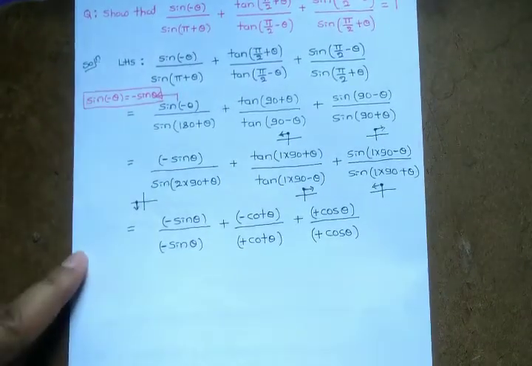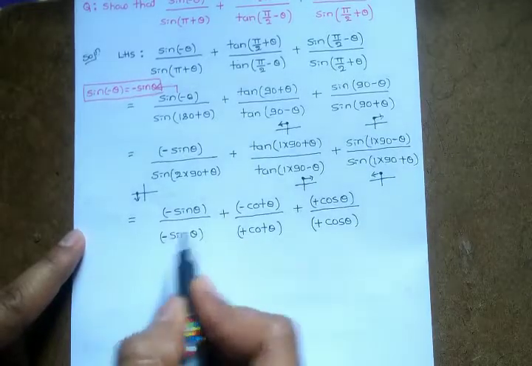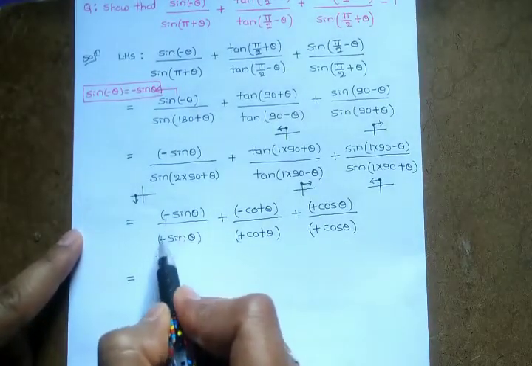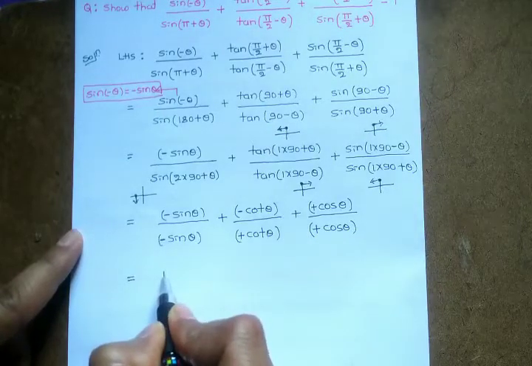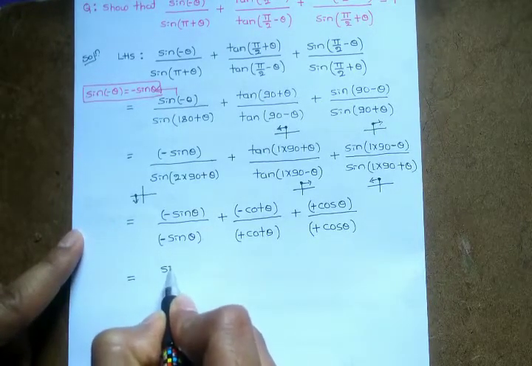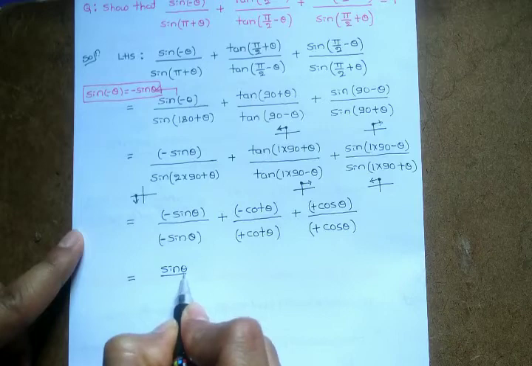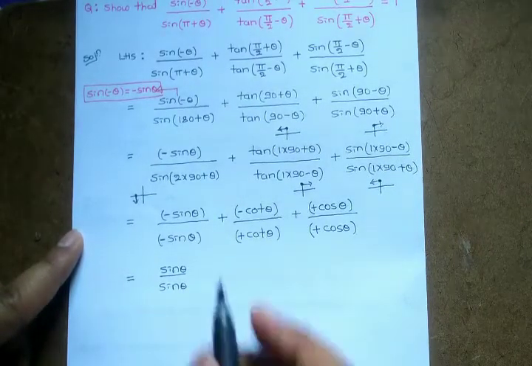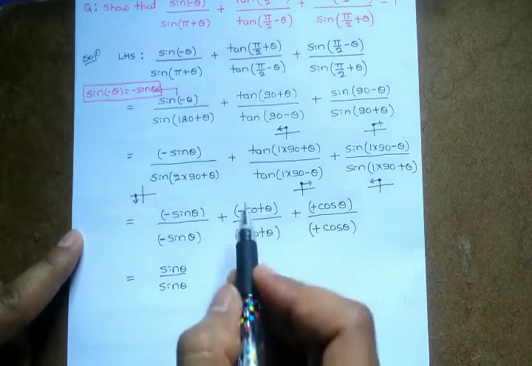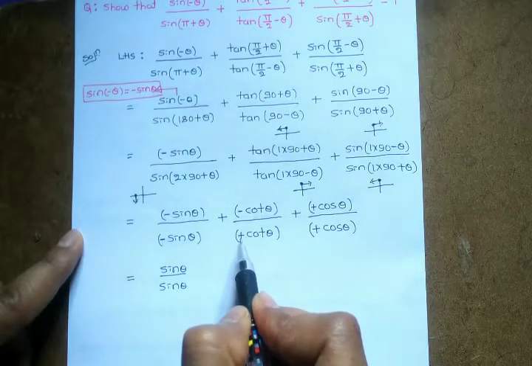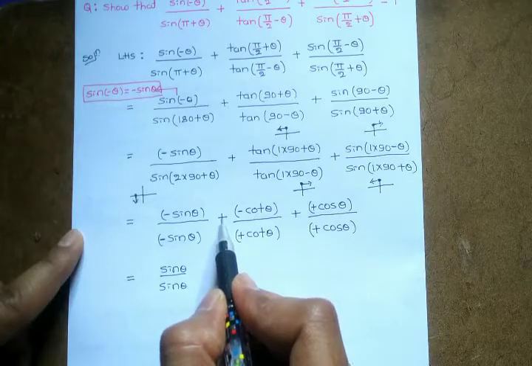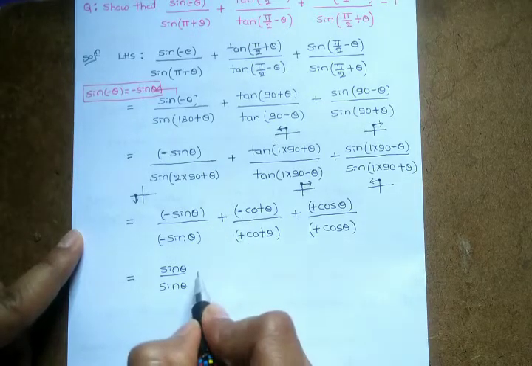So next, now first simplify the sign value, so which is equals to, you know, minus divided by minus is plus. Therefore here remaining value is what? Sin theta divided by sin theta. Next again minus divided by plus is what? Minus, but outside positive sign is there, therefore plus into minus goes to what here?